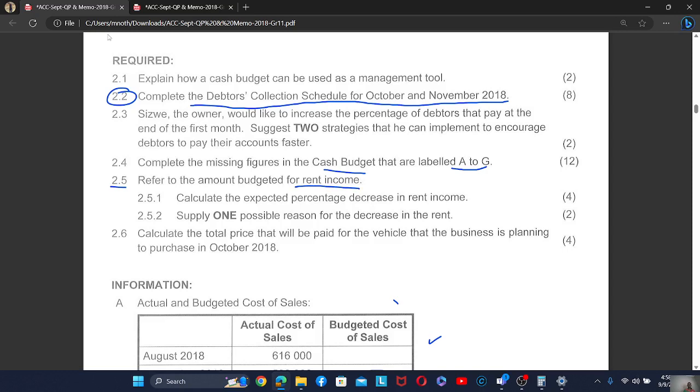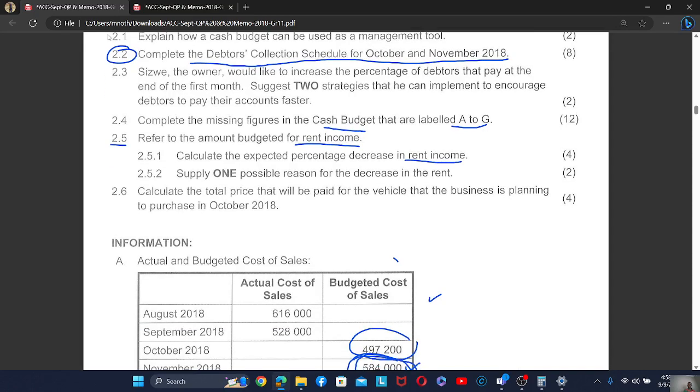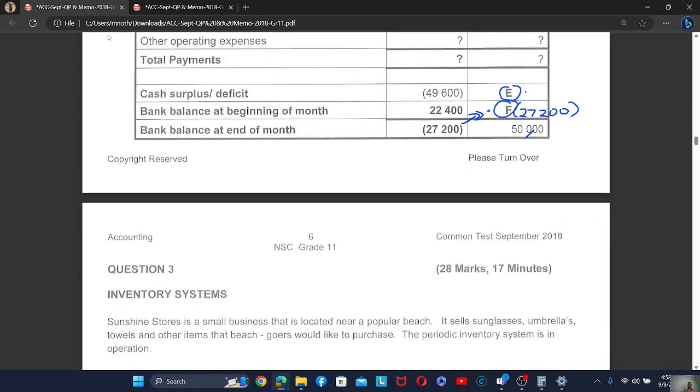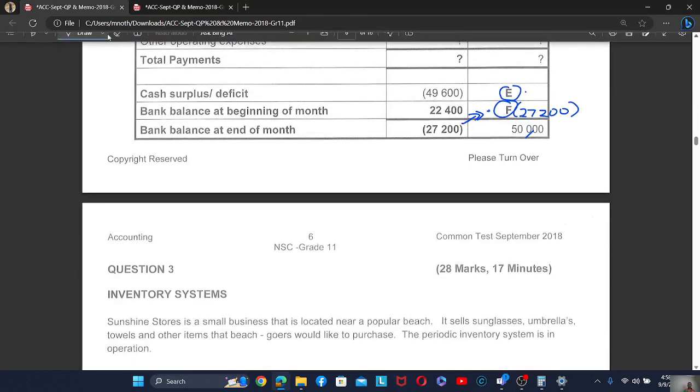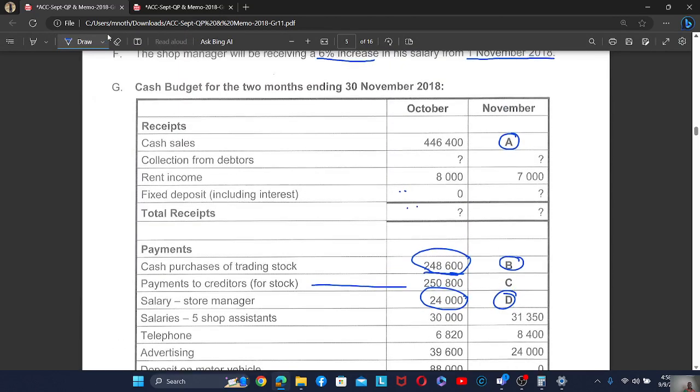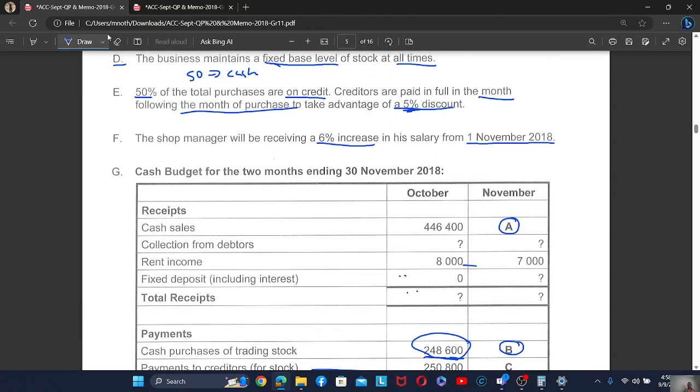Calculate the expected percentage decrease in the rent income. Oh, this is a hard question. The percentage decrease in the rent income.